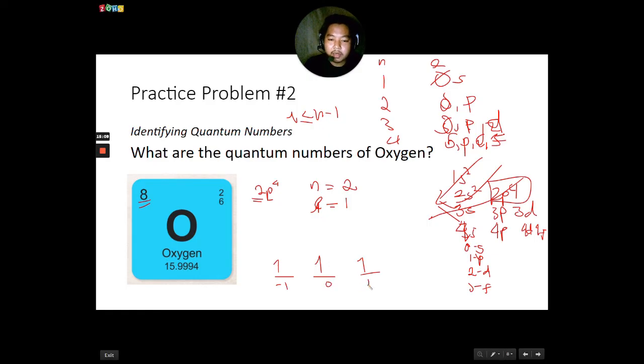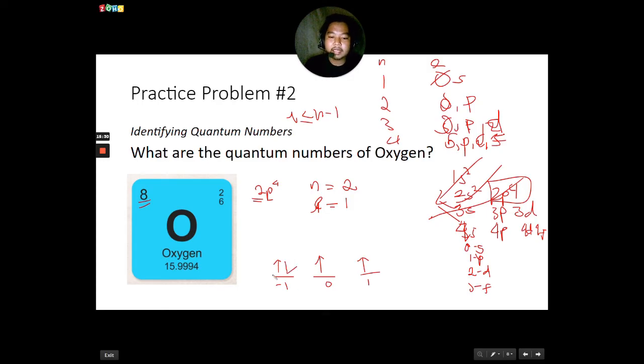If you can remember, the values for the magnetic quantum number run from negative L to positive L. These are the 3 orientations. I'm used to using half arrows for the spin of the electron, but it can also be a full arrow.